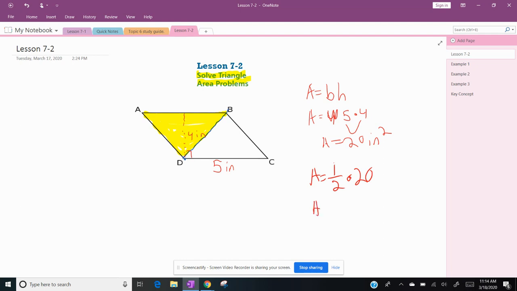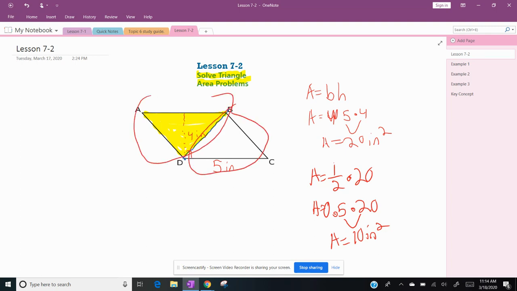You could use area equals 0.5 times 20, and that's going to give us an area of 10 inches squared. So all triangles, just like this triangle here or the other one over here, could be half of a parallelogram. So to find the area of any triangle, our formula is going to be very similar.